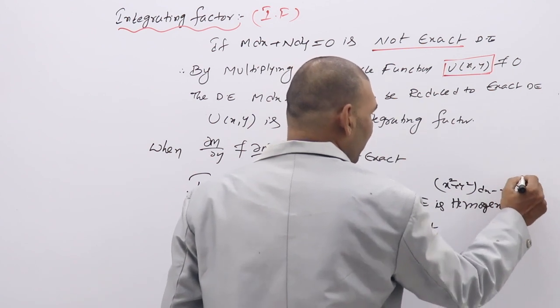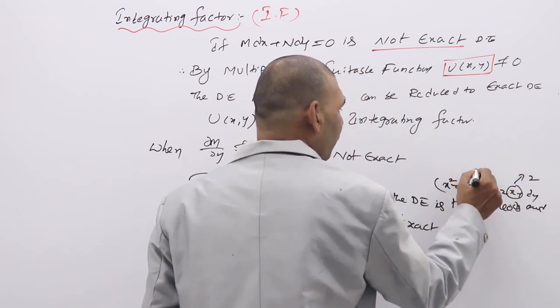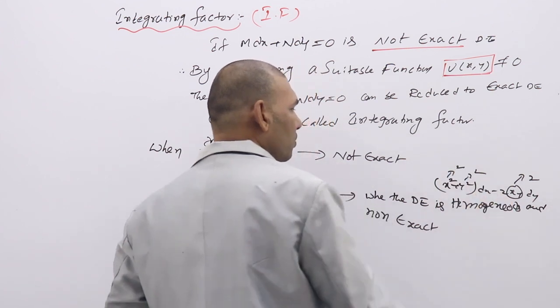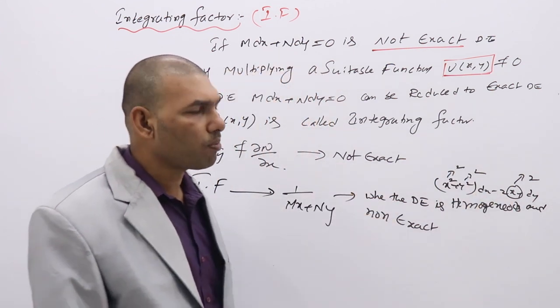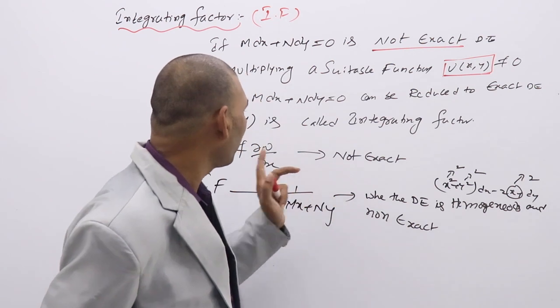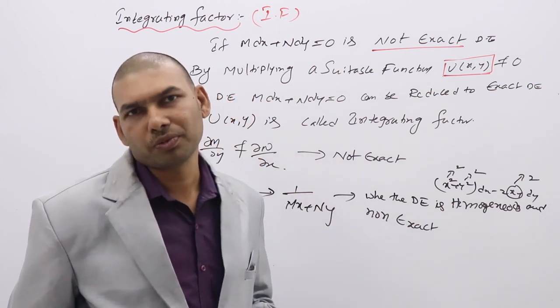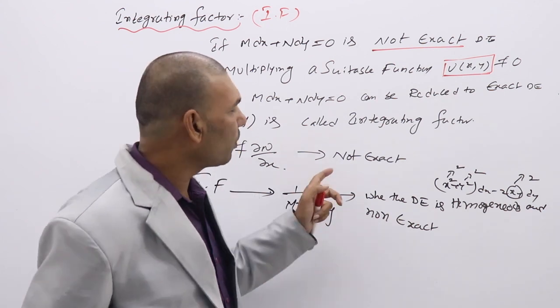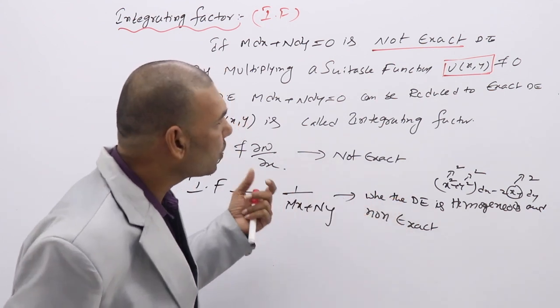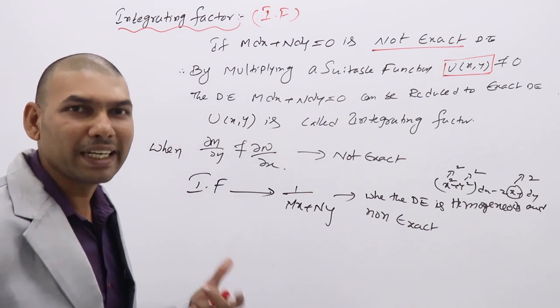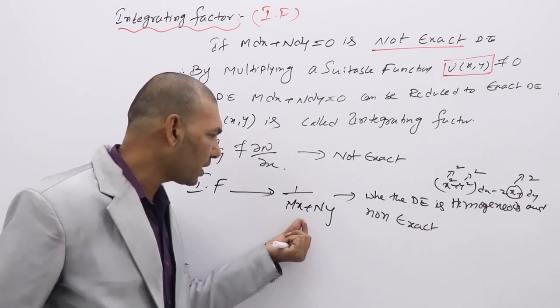If you observe, the degree of xy is 2, the degree of y square is 2, the degree of x square is 2. So when you are doing these types of problems, if ∂M/∂y equals ∂N/∂x, then no problem. You can do the problem directly. Whenever ∂M/∂y is not equal to ∂N/∂x, you need to multiply with a suitable function, the integrating factor. That one is this one.